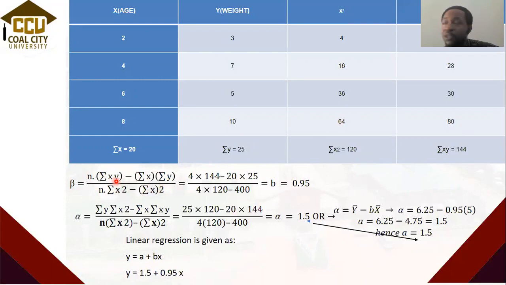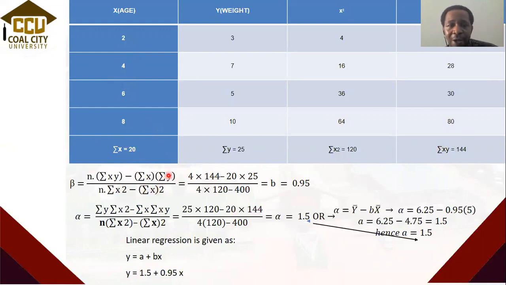So this is summation xy. We have summation xy here. Our n, first of all, is 4, because we have just 4 variables here: 1, 2, 3, 4. So that is 4 times summation xy, which is 144, minus 20, which is summation x.